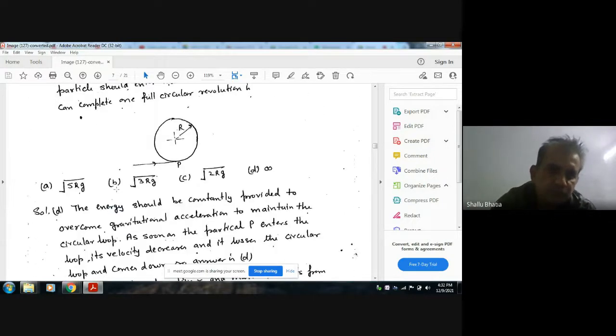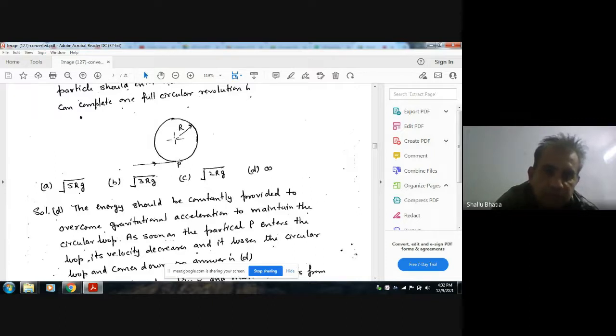So this is the loop, and when the particle enters in this position and maintains the circular path, what should be the minimum velocity to maintain the circular path?